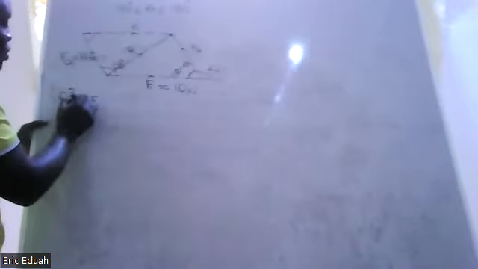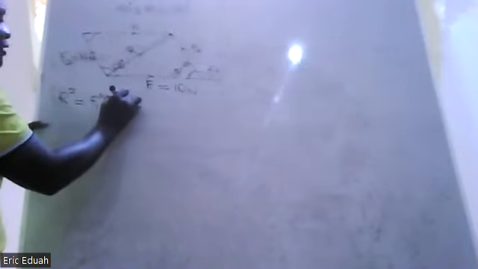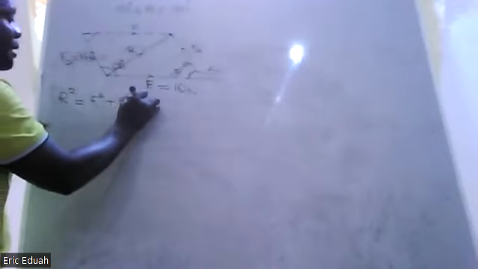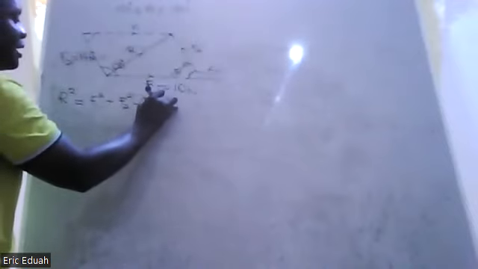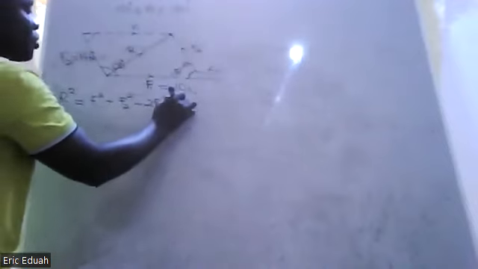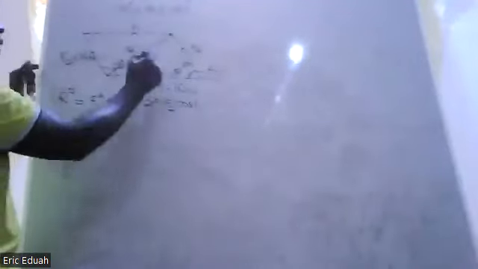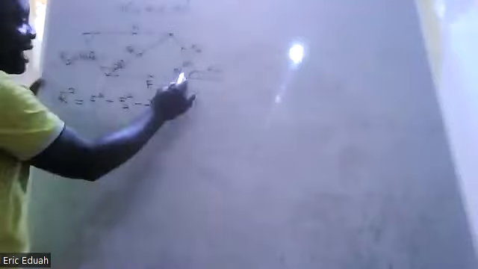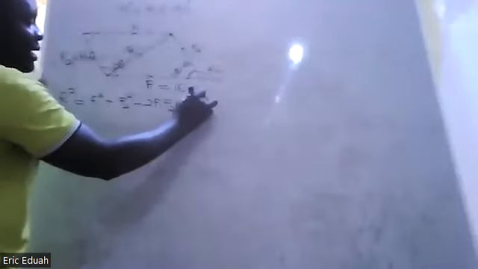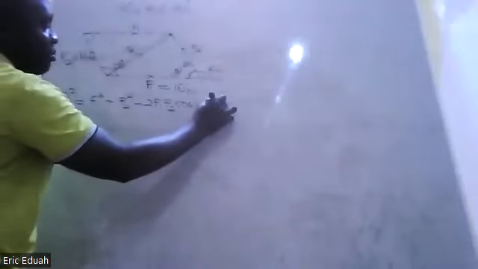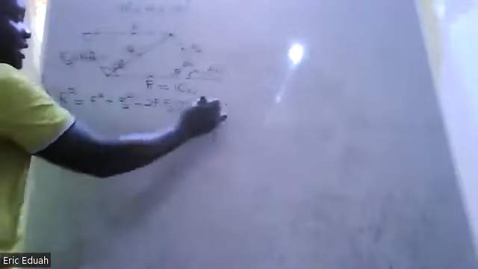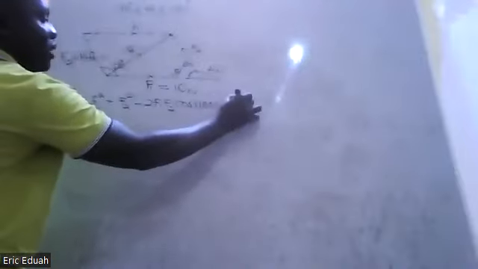So R squared is equal to F1 squared plus F2 squared minus 2F1 F2 cos of the angle. We will always require the angle opposite to the resultant, so 180 minus theta, which is 120.